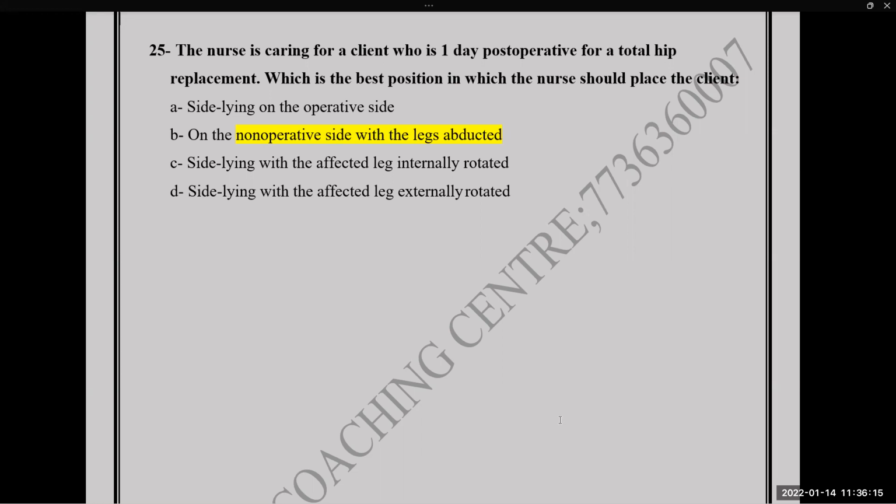Immobilization with abduction. And obviously, after any surgery, we never position the patient on the affected side. Fine. So non-operated side with the leg immobilized and abducted by using an abduction pillow. Fine. Okay.